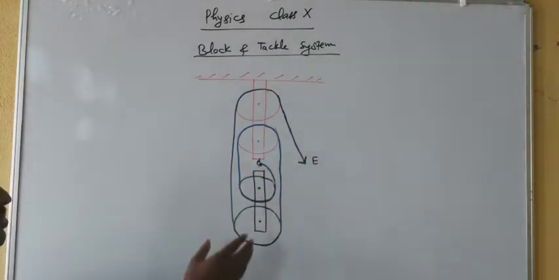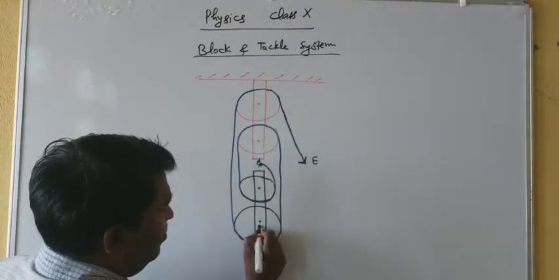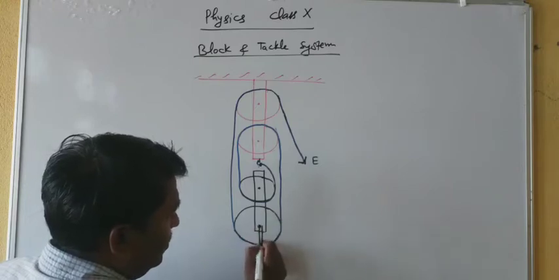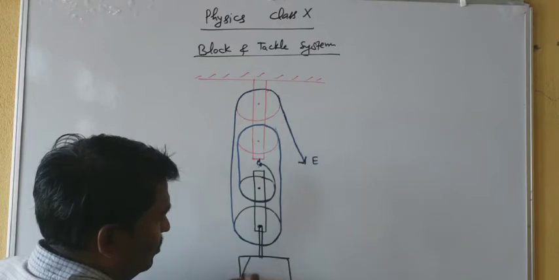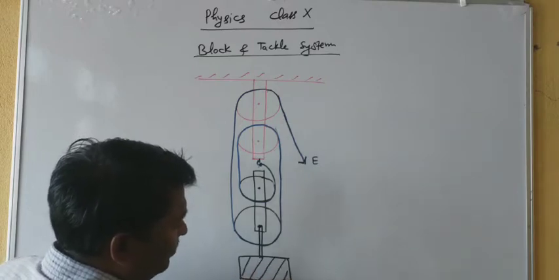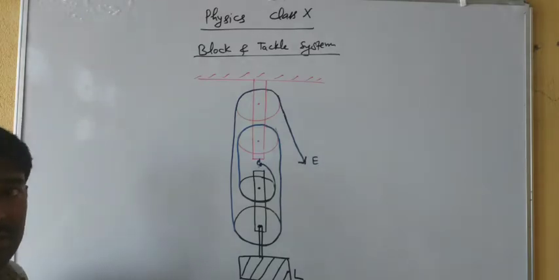So this is the system, and here the load is tied with the lower block. The load that has to be overcome will be tied here. This is your load. Is it clear?